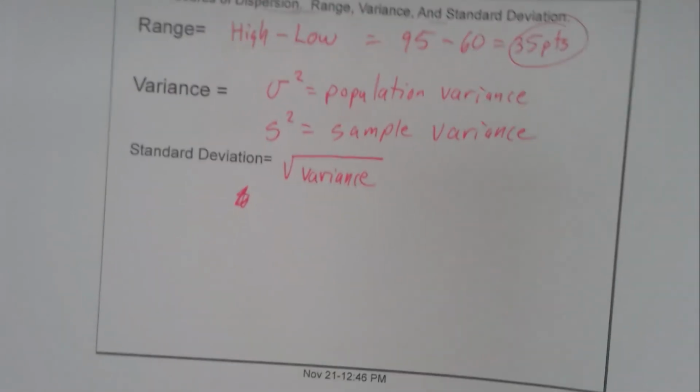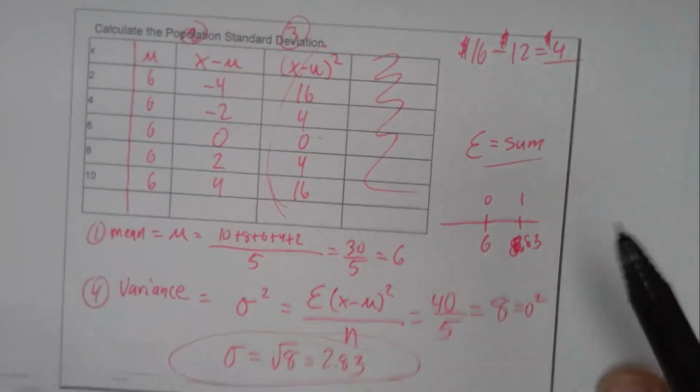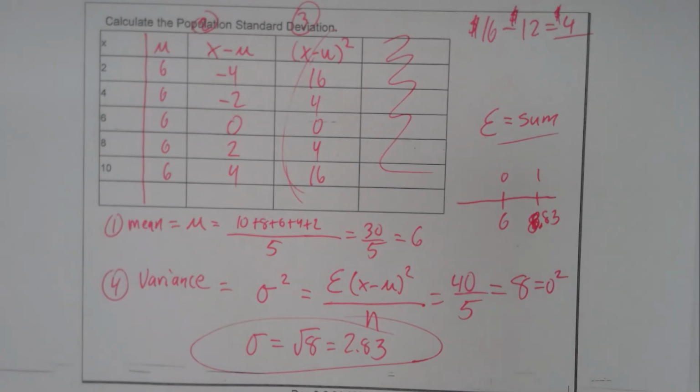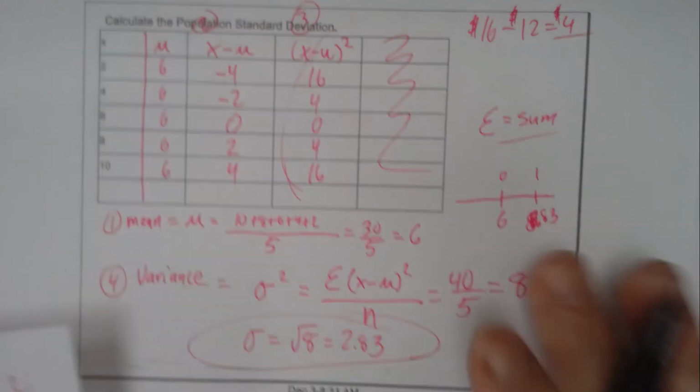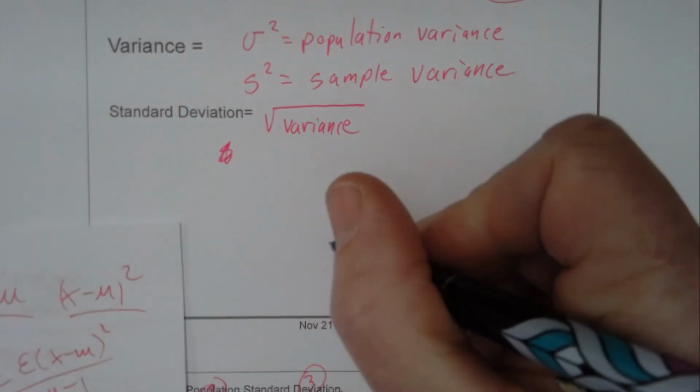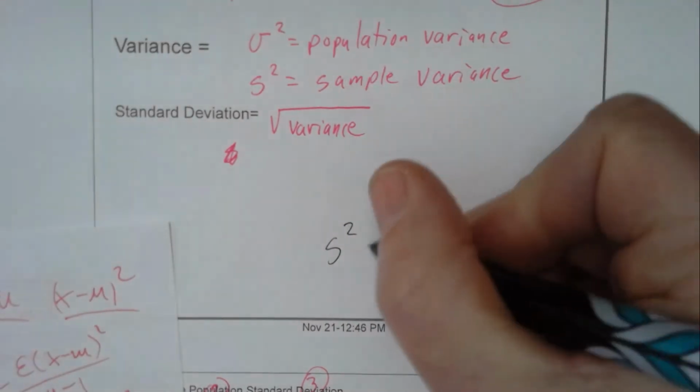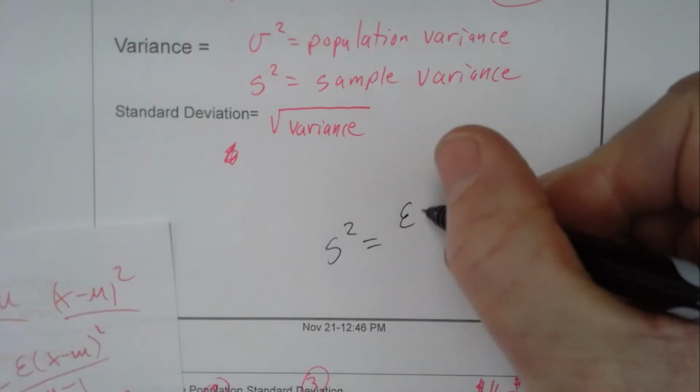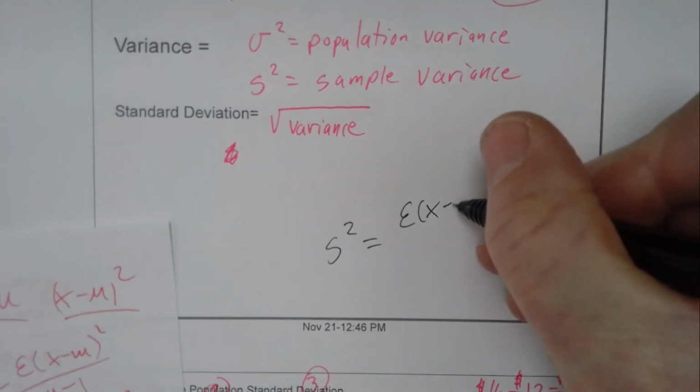Okay. Oh, I forgot to give you a formula down here. This is population standard deviation. If you're asked to find sample standard deviation, you have to do a slightly different formula. It would be S squared is equal to, you sum up the same stuff as before, x minus mu.